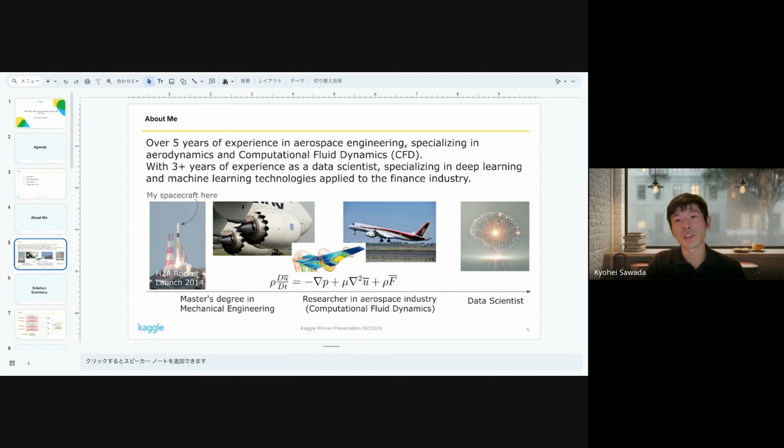So I decided to transition into data science, leveraging my aerospace engineering background. And for the past 3 years, I have specialized in deep learning and machine learning, mainly applied in the finance industry. And along the way, I've also been actively participating in Kaggle competitions, which have played a key role in my learning and growth into the data science field.